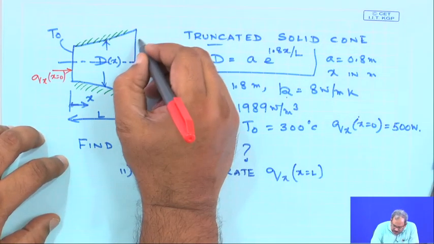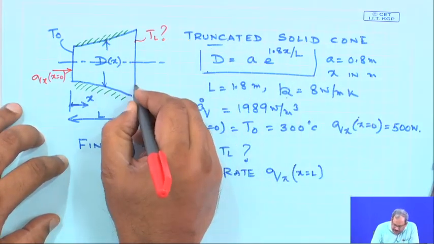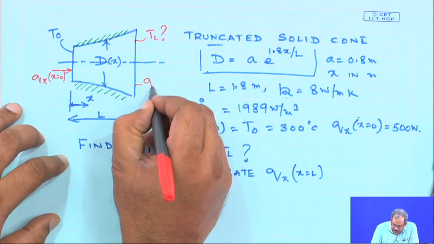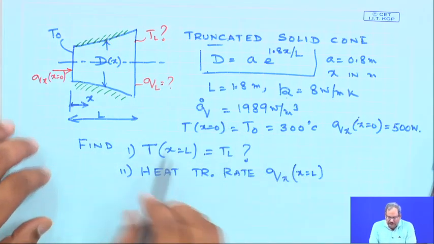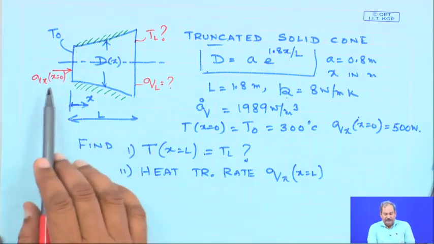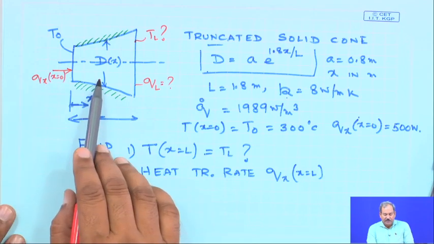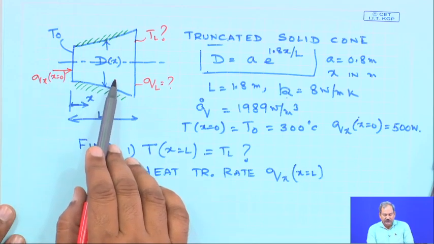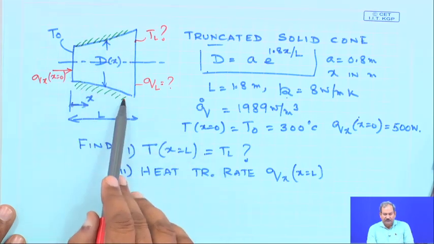So the things you have to find out are the value of TL and the value of QL, that means Q at x equals L. At one end the temperature and the heat rate are known, some amount of heat is generated in the solid cone, and all the sides are perfectly insulated.